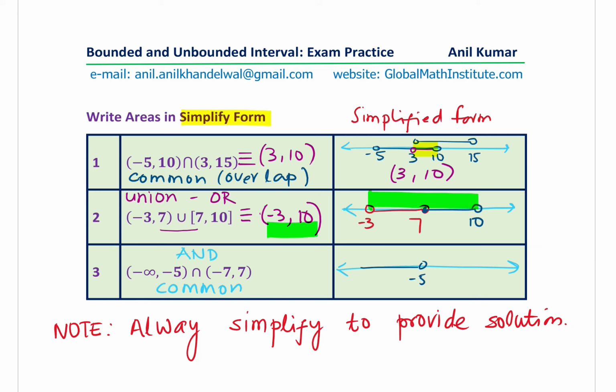We are saying from minus 5 towards the left side. And the second one is between minus 7 and 7. So this point is 7 and this is minus 7. What is common in between? Well, clearly, this is what is common. So we could write this as minus 7 to 5.